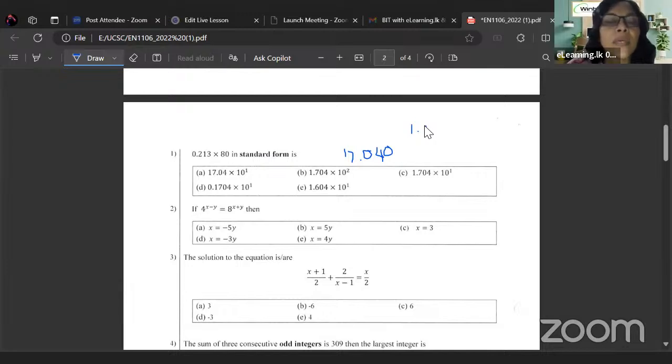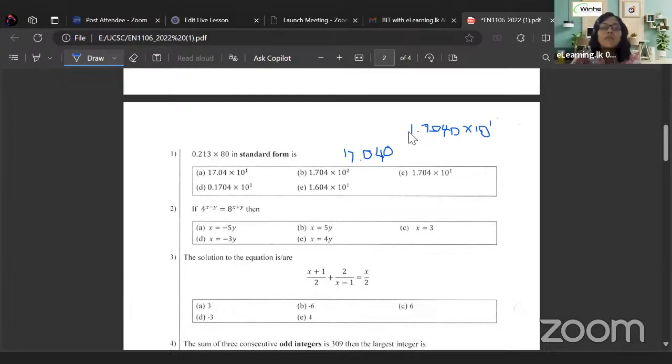So you can write it as 1.704, and the last 0 has no value. Then you can write it as 10 to the power 1.